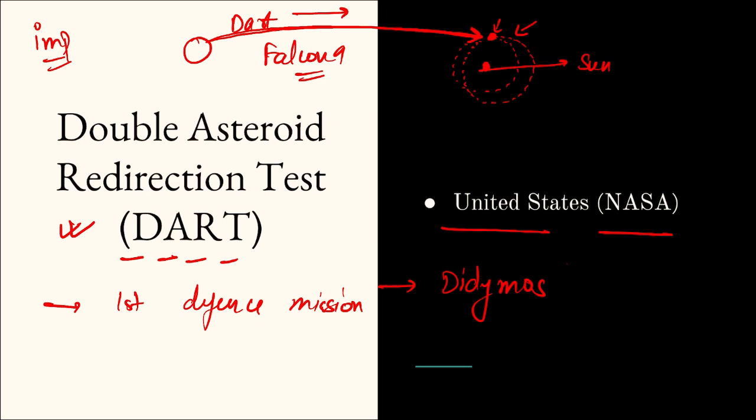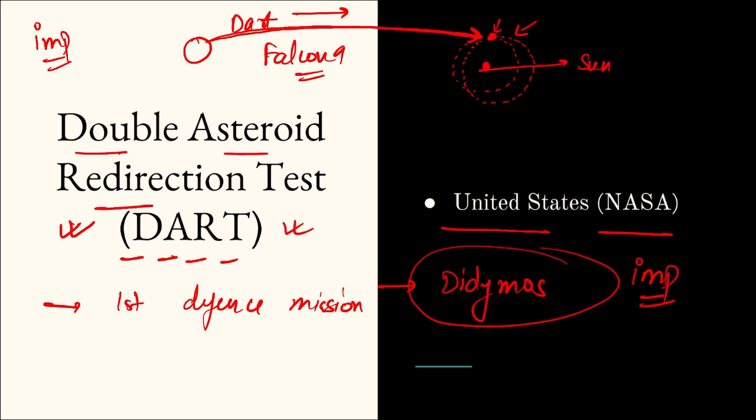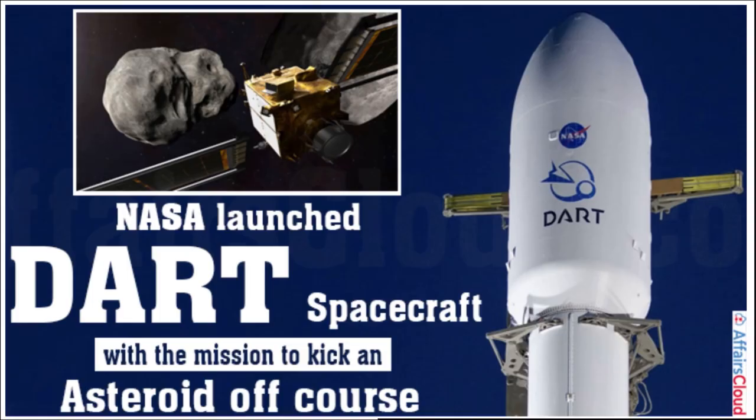All right, and the important thing is the name of the asteroid that it will be hitting. It is Didymos. The full form of DART is Double Asteroid Redirection Test, and it is a mission of NASA, the United States of America. Here you can see this is Didymos and this is the DART spacecraft that will be hitting it, a mission to kick an asteroid off course so that it changes its orbit.